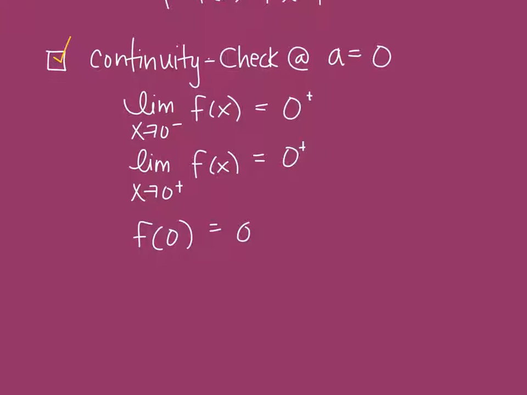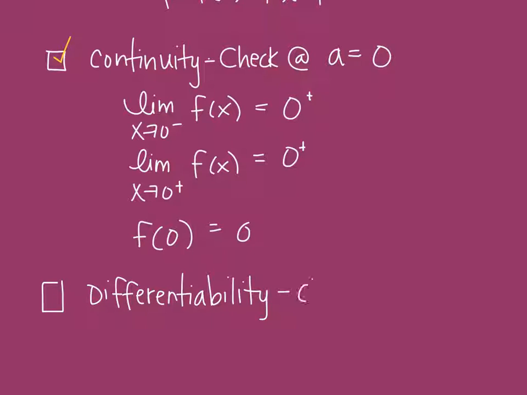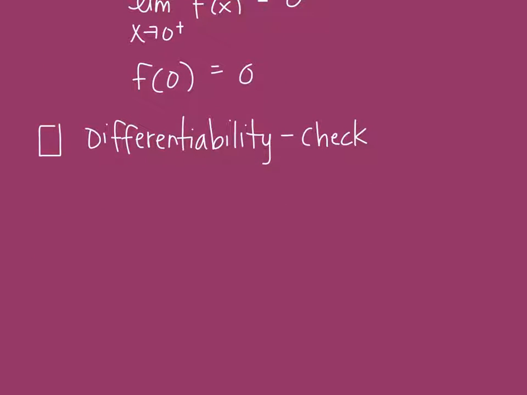Okay, now, our differentiability check. In order to check an absolute value, you have to write it as a piecewise function. So first we want to think about what this function is like if I define it as a piecewise function.